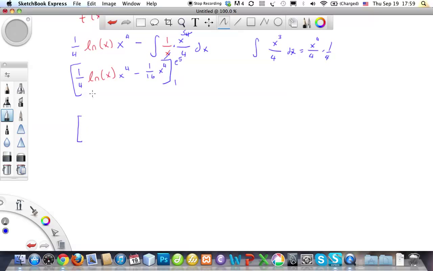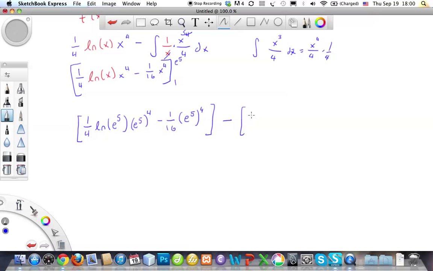So we're going to have 1/4 times the natural log of e to the 5, times e to the 5th to the 4th, because we're plugging in e to the 5, minus 1 over 16 times e to the 5th to the 4th. Now all of this is subtracted, evaluated at 1.